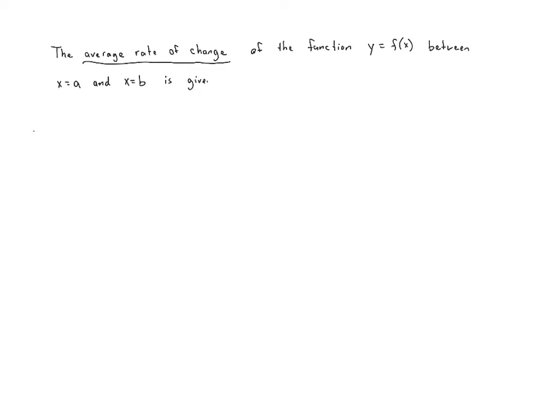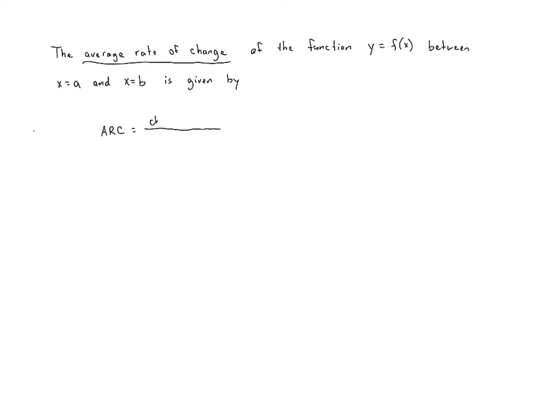So, the average rate of change of the function y equals f of x between x equals a and x equals b, because we need a starting value and an endpoint, is given by, and here I'll use ARC to represent average rate of change.